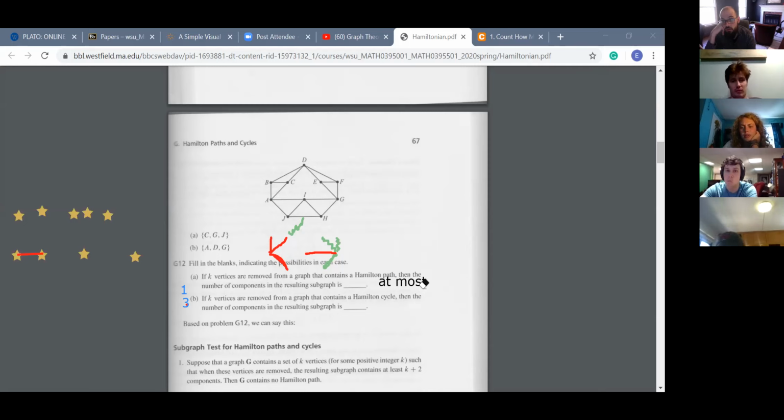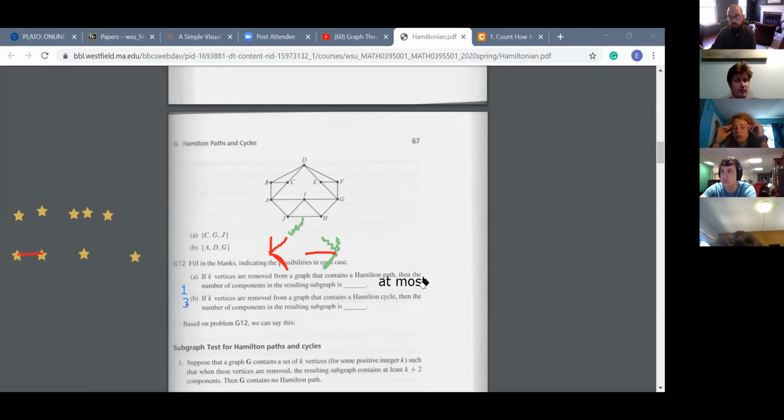If you take away 2 vertices, the most components you could possibly get is 3. And if you take away 3, the most you could get is 4. And if you take away k, the most you could get is k plus 1.